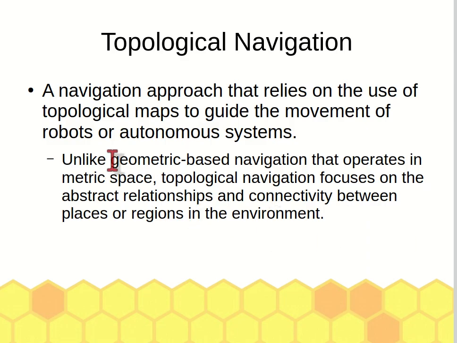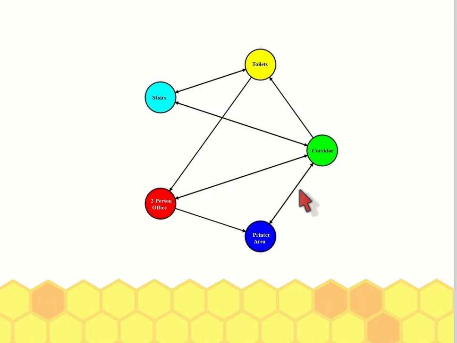Unlike geometric navigation that relies on metric space, topological navigation focuses on the connectivity of places. For example, let's say this one.